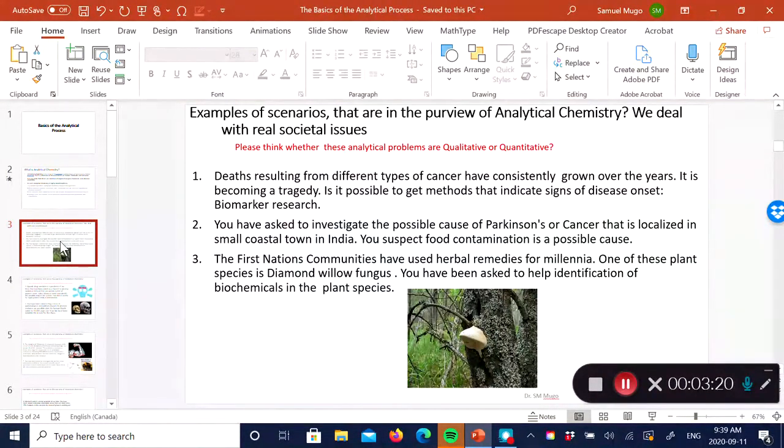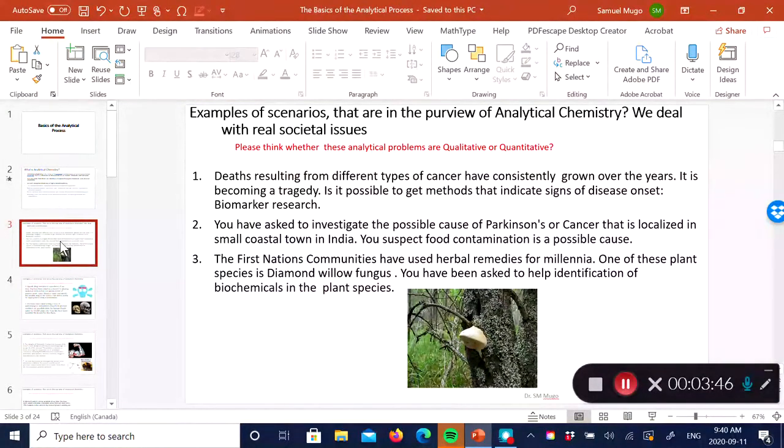deaths resulting from different types of cancer have grown consistently over the years. Indeed, it's becoming almost a pandemic in many countries. So the question to the analytical chemist is, is it possible to get analytical methods that can indicate signs of disease onset very early on?